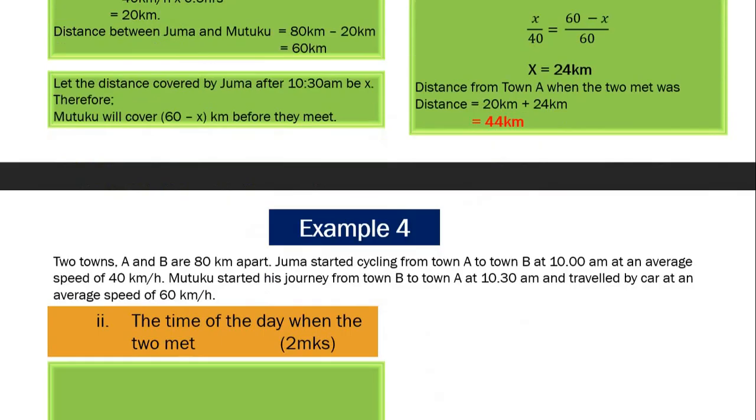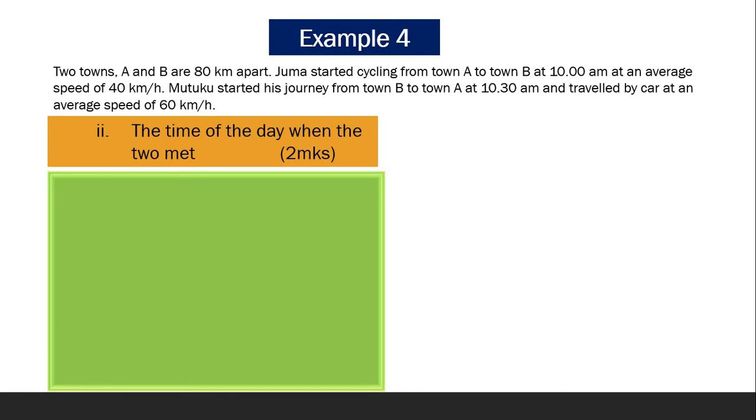So we go to part 2, the time of the day when the two met. Time is given by distance over speed. So the distance of the first person is 44 kilometers over 40 kilometers per hour.